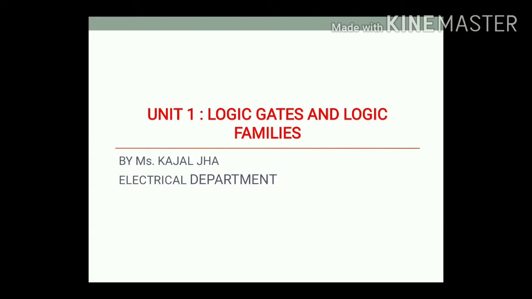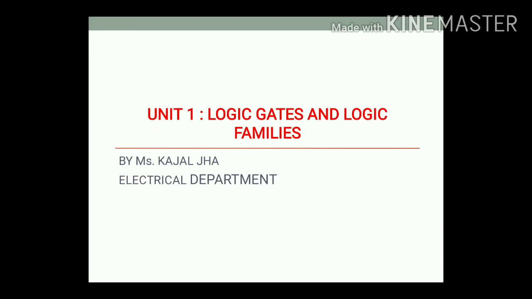In that, first is logic gates and logic families. In that, we have to see what are the symbols of the logic gates. Then what is the truth table for that, and then types of the logic gates. Again the boolean algebra. In that we have to see what are the laws of boolean algebra.